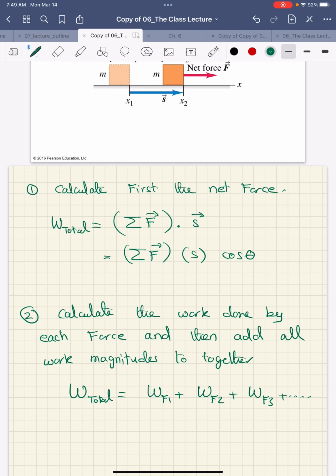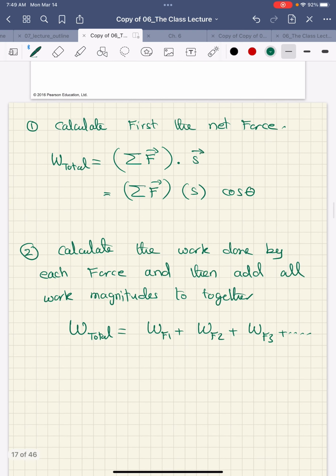Here is my example, where I have an object.